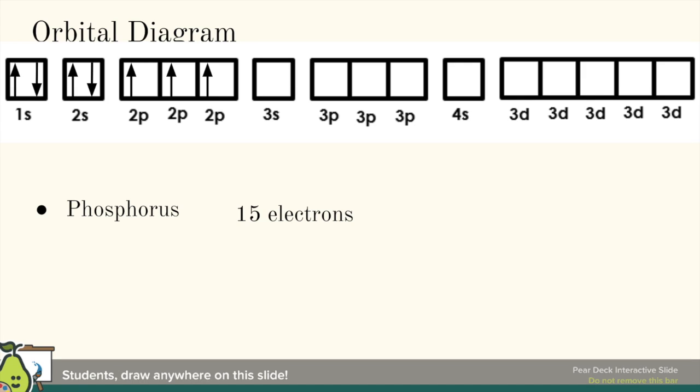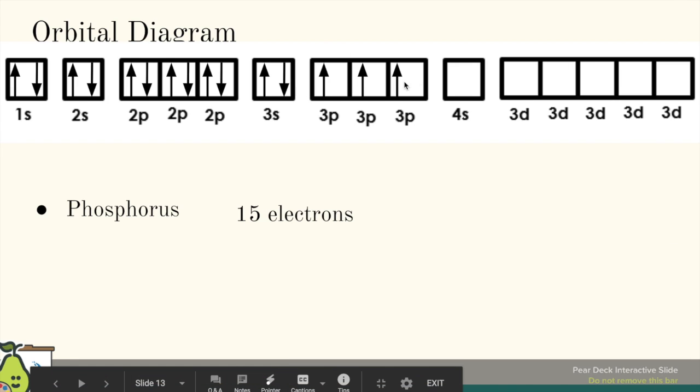Notice I did all up arrows first before I started pairing them. 7, 8, 9, 10, 11, 12, 13, 14, 15. Again, I did all up arrows. I filled up all of my spaces here before I started pairing them, and there's my 15 electrons.